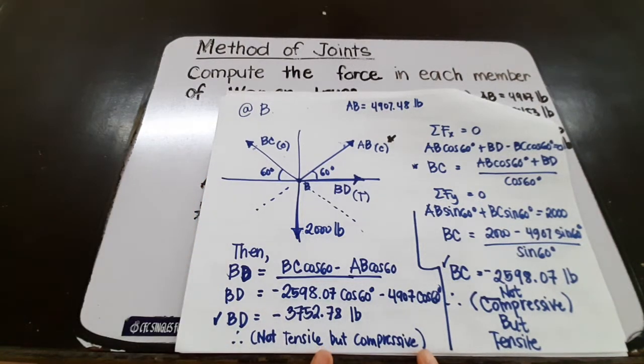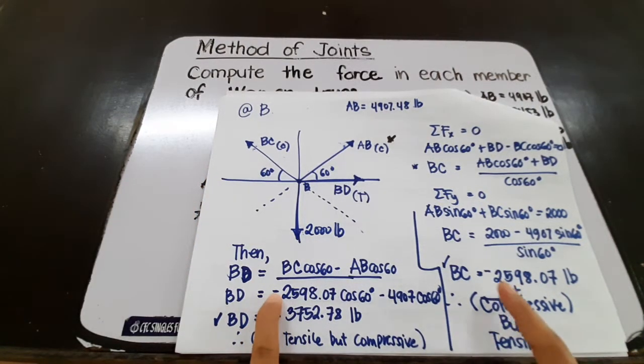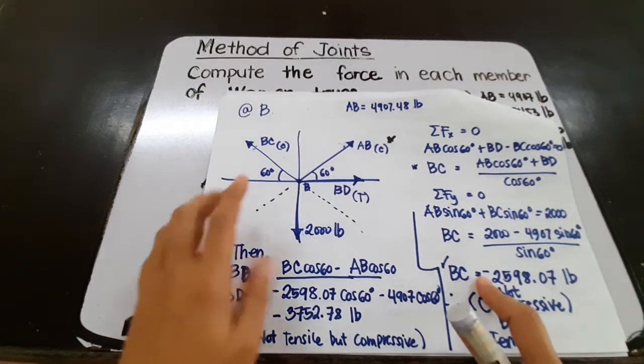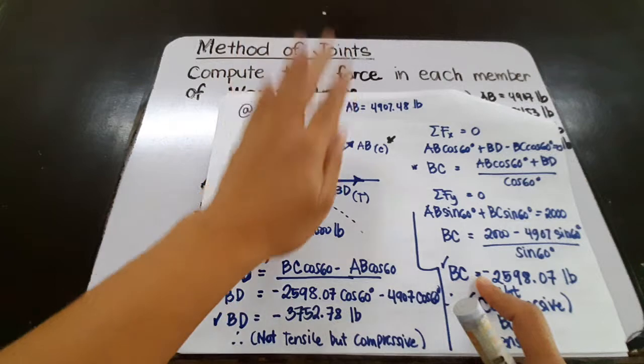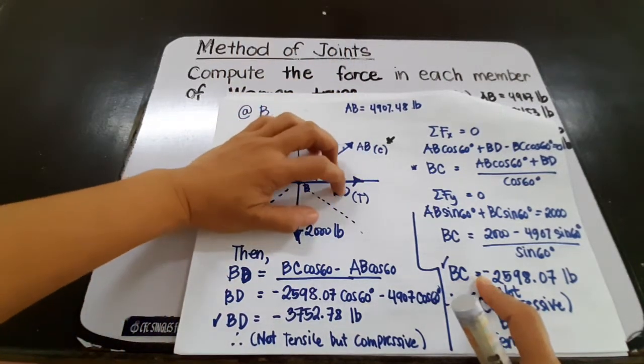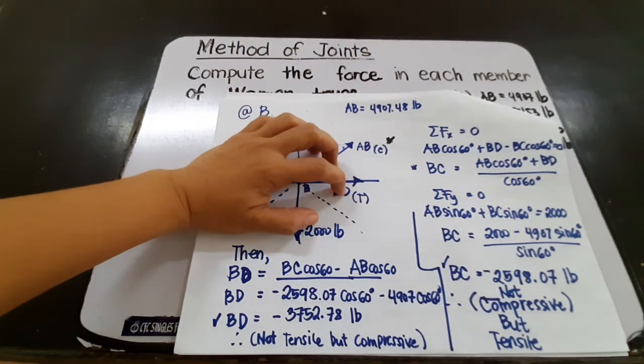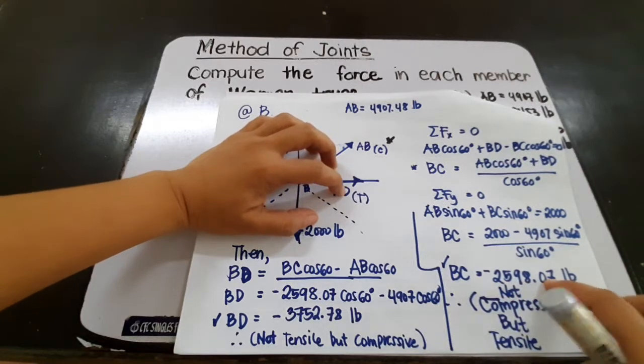Okay, so why do we use a negative value for BC? This is because we haven't changed our free body diagram. Using this free body diagram, the values of the forces that have been solved are negative values.